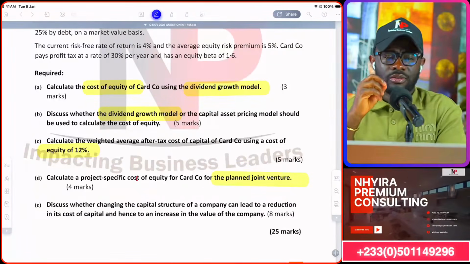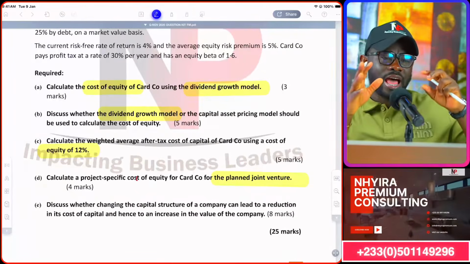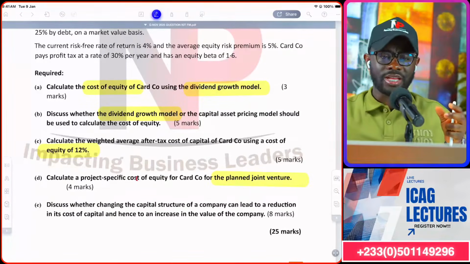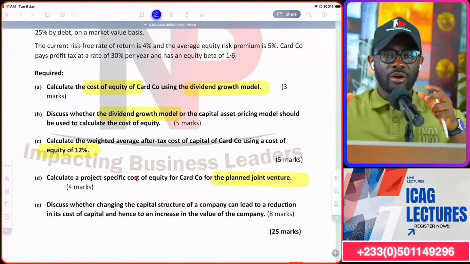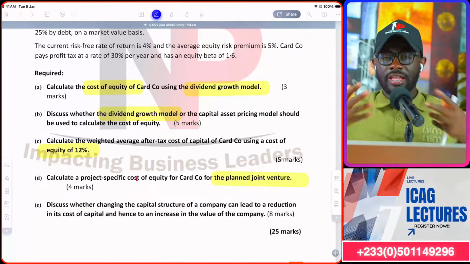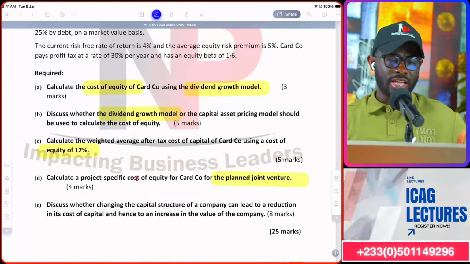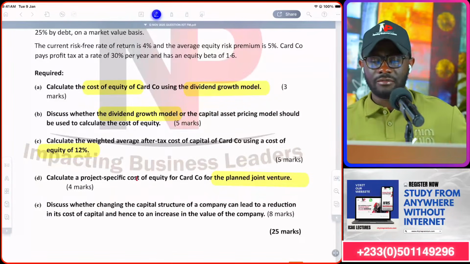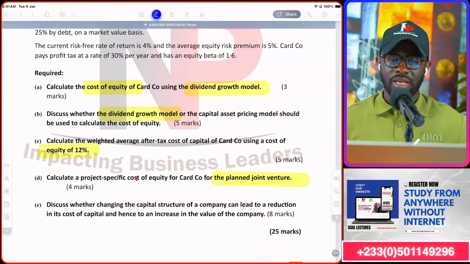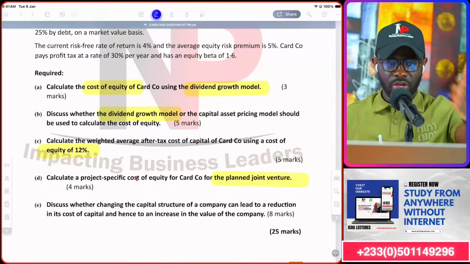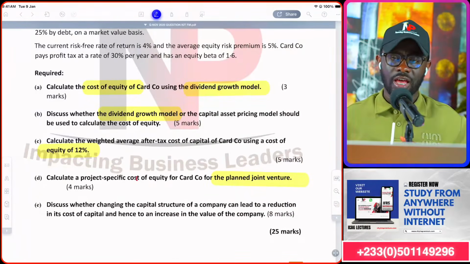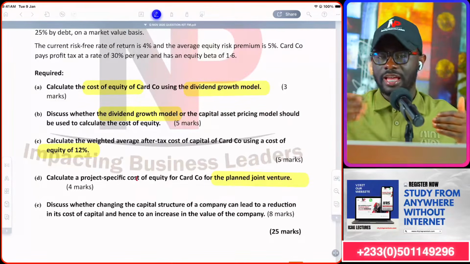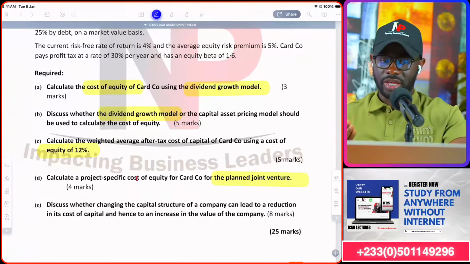So to decide whether we should use the dividend growth model or the asset pricing model, it depends on the objective of the entity. If the objective of the entity is making the investment, interested in some inflows of dividend on a regular basis, then we go with the dividend growth model. But the disadvantage there is the difficulty in estimating the dividend growth rate.